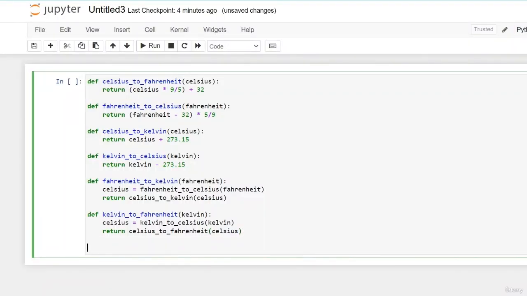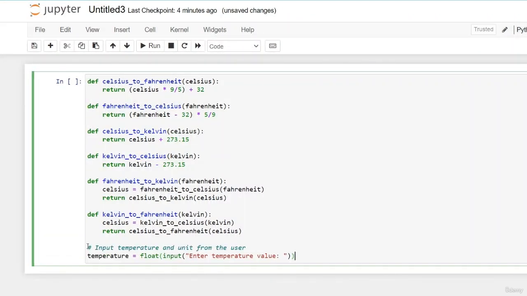Then I want to have my input, because I want whoever uses the code to be able to enter the temperature value that they want to convert. So there will be 2 inputs. One will input the value, and the second will input the units of that value. First I'm using my input, and I'm choosing it to be float because in the normal sense we have temperature with a decimal point.